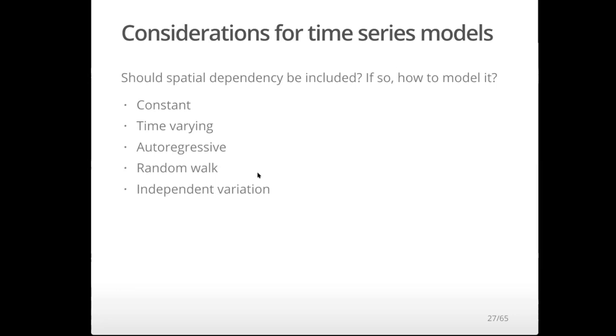Option 2 is maybe we could try to estimate separate spatial surfaces for each time slice in our data. In that case, we could think about those as being totally independent, or we could think about them as being more complicated.